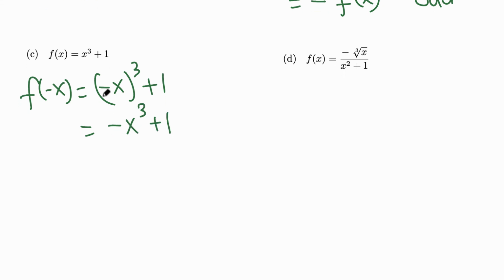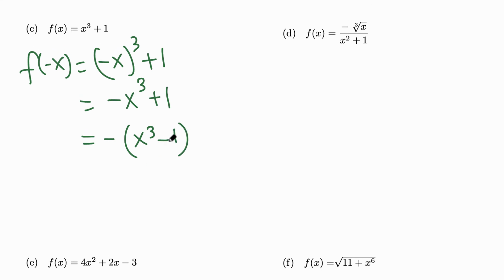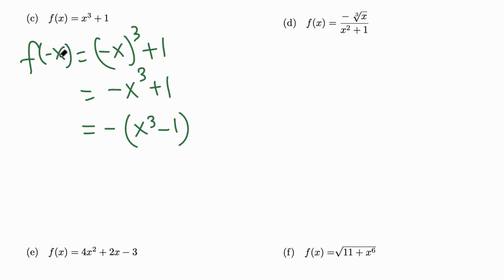Okay, negative is almost like this, so negative in the front, so we need to factor negative out just to match with the original function. It's not the original function, but there is negative. This might be negative of the original function. Let's try that. Negative outside, x cubed, negative positive negative 1. So negative of this, but this is not the original function. So replacing x by negative x did not give us the original function, nor did it give negative of the original function. So it's neither.